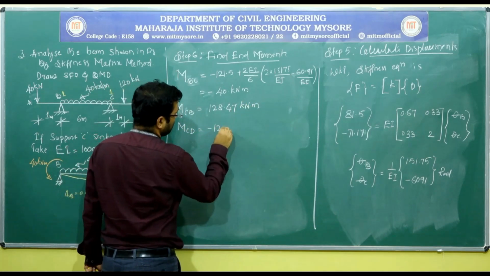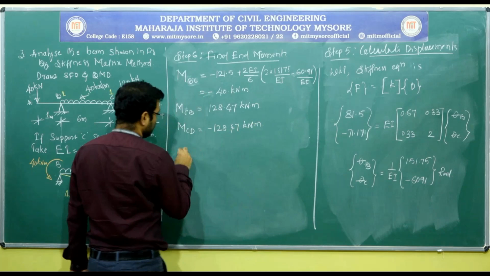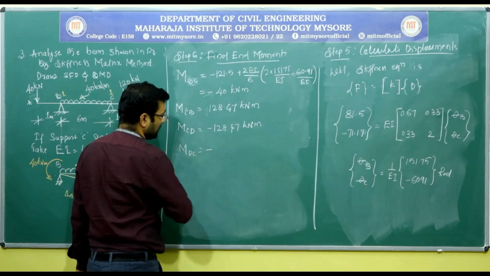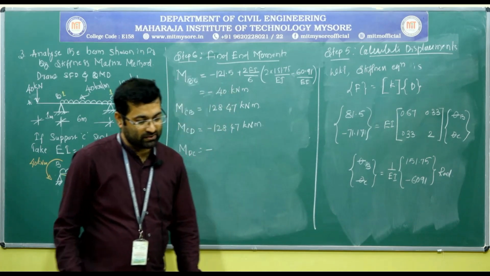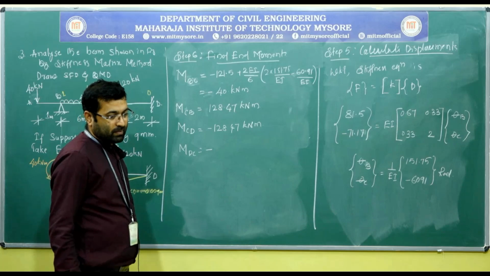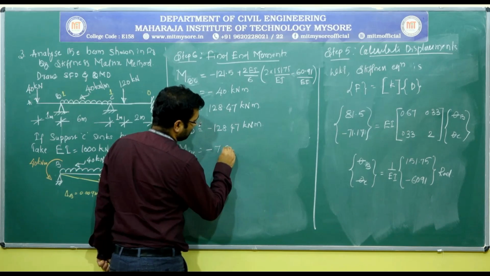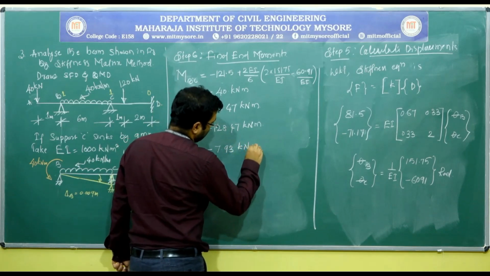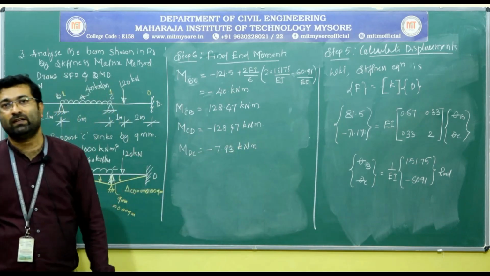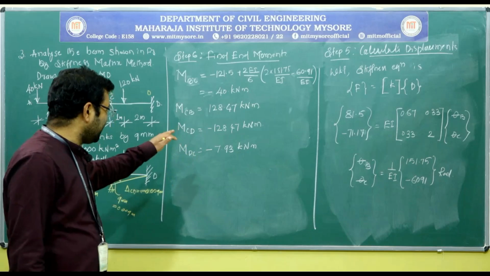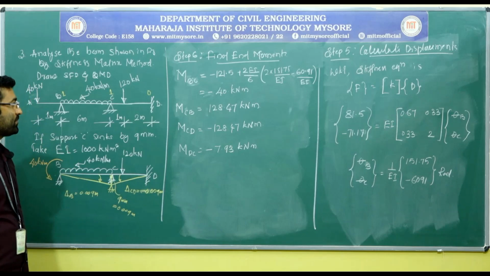MCD, I will get as minus 128.47 kilonewton meter, and MDC I will get as a negative value because of the sinking, minus 7.93 kilonewton meter. This variation, actually it's supposed to be a positive value at the end, but we got a negative value. This is because of the sinking of support C, right.